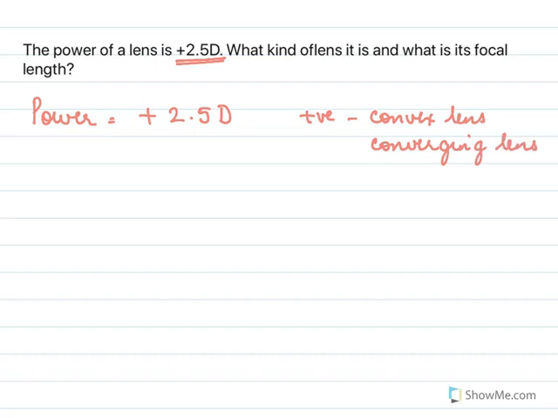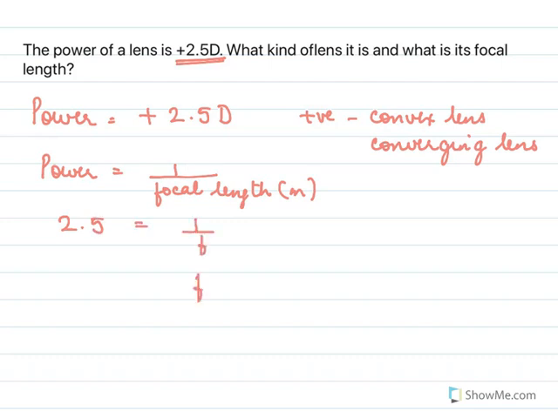Now to find its focal length, we know power equal to 1 over focal length in meters. So 2.5 equal to 1 by f. So f equal to 1 over 2.5, 10 over 25 is f.